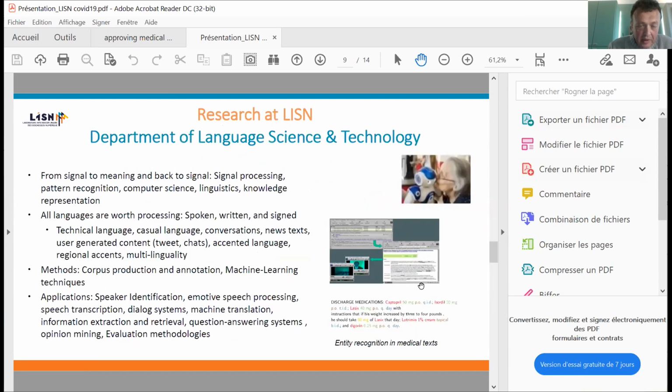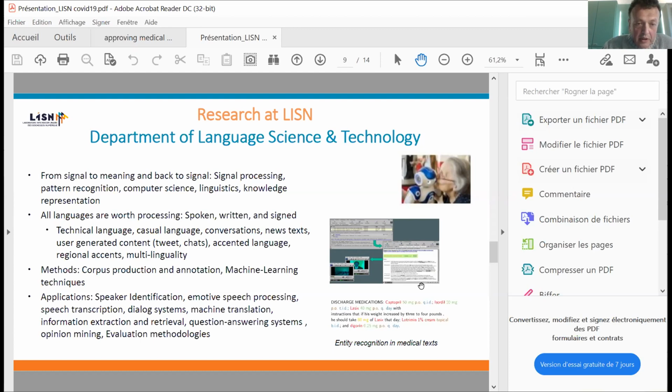As you can see, in our department, the main word is language. We are using AI and so on, but this is a real language department, which means that what we are interested in is language, and there are a lot of computer scientists, but also a lot of linguists.